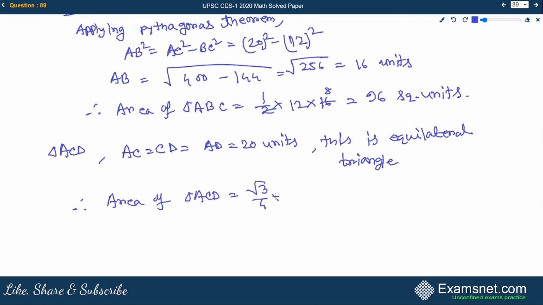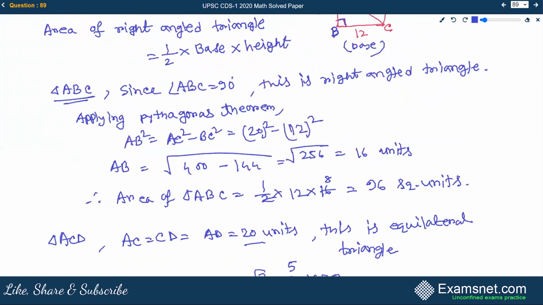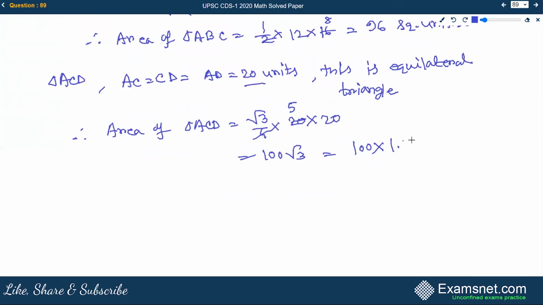Root 3 by 4, side squared, side is 20. So 4 5s are 100, 100 root 3. Now we will put the value for root 3, that is 1.732. So it becomes 173.2 square units.